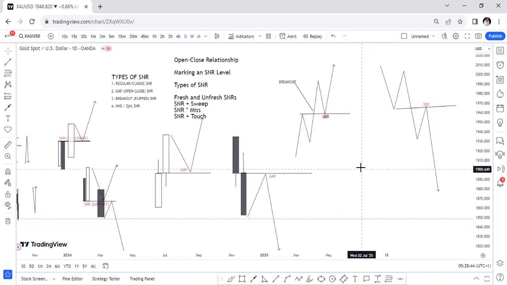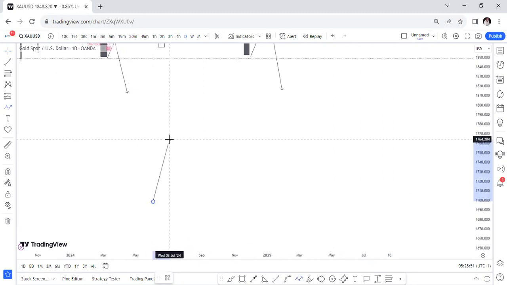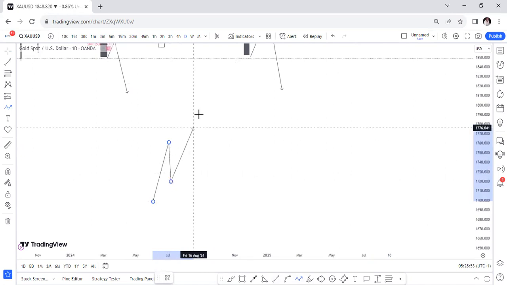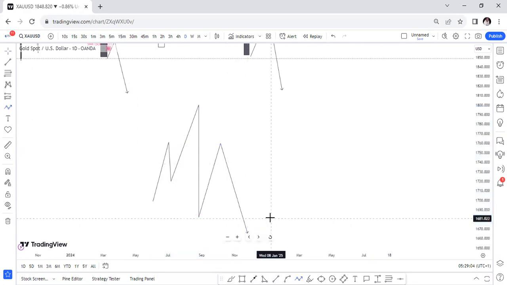Then we go to the HNS. This is the head and shoulder pattern. It is like this. The head is created. It could come down like this to form the kind of KML shape.